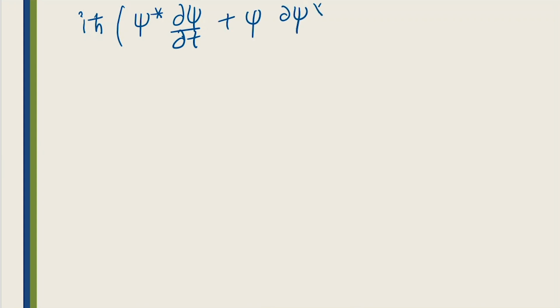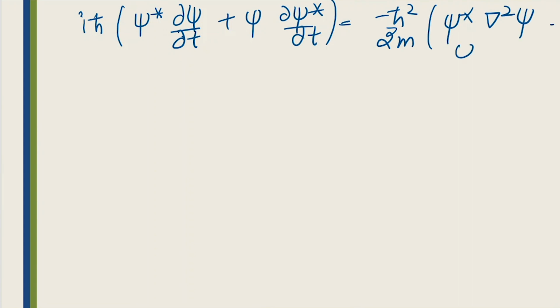So our expression becomes, first write this thing, this is equation number 5: psi star del square psi minus psi del square psi star.